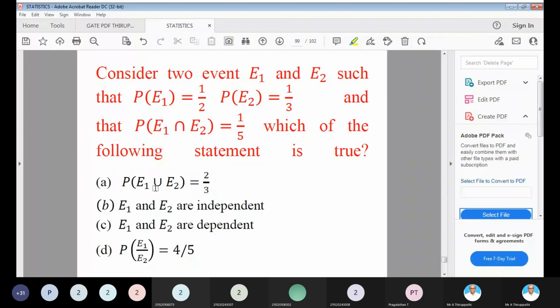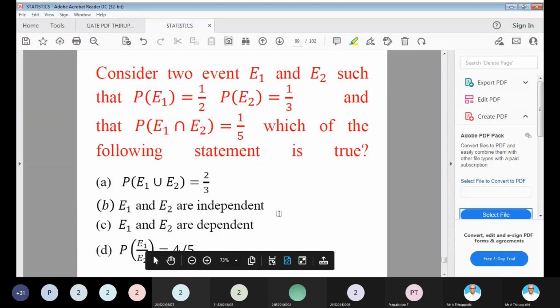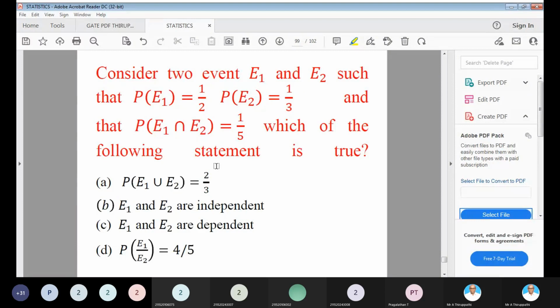Which of the following statements is true? Here, events are independent if P of E1 intersection E2 equals P of E1 into P of E2. Now verify the relation. P of E1 multiplied by P of E2 is 1 by 6, not 1 by 5. This is not true.